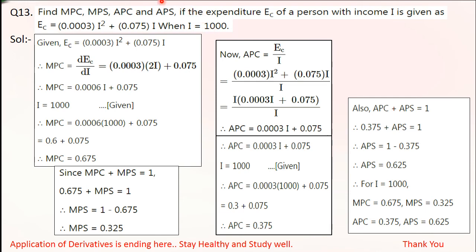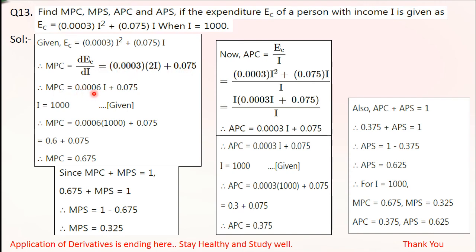So we will start with the given expenditure function EC is equal to 0.003 into I square plus 0.075 I. Now we know marginal propensity to consume is the derivative of EC with respect to I. That means 0.003 into the derivative of I square with respect to I, which is 2I, plus the derivative of 0.075 into I, which is 0.075. Now when we simplify we will get MPC is equal to 0.006 into I plus 0.075.